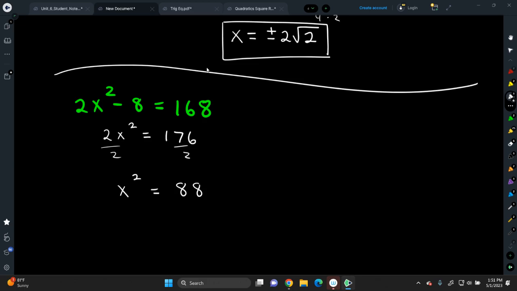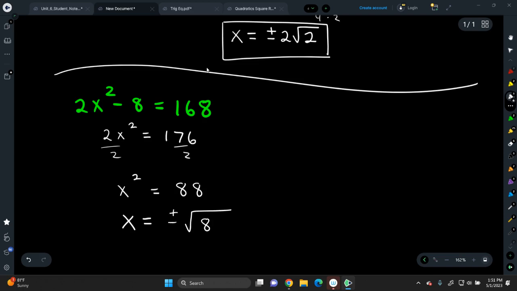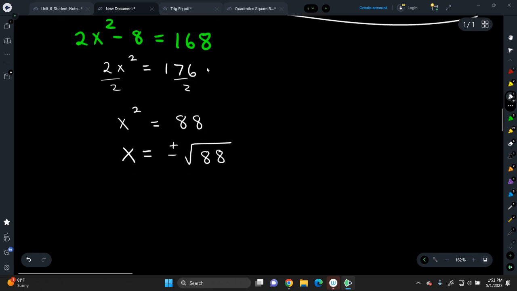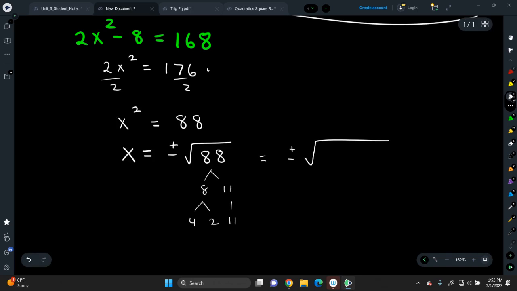Okay, what do we do now? We'll take the square root of both sides. x equals plus or minus the square root of 88. Now we're ready to simplify it. 88 is 8 times 11. 8 is 4 times 2. So this is plus or minus the square root of 4 times 2 times 11.